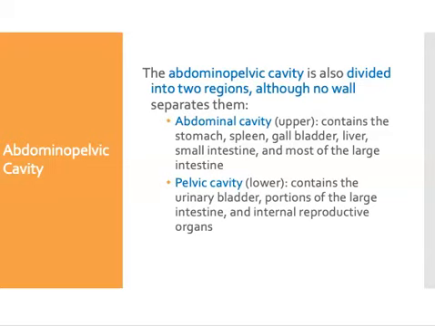Inside the abdominal cavity, which is the upper part or the superior portion, we find the stomach, the spleen, the gallbladder, the liver, the small intestine, and most of the large intestine. In the pelvic cavity, which is inferior, we find the urinary bladder, portions of the large intestine again, and the internal parts of the reproductive system.